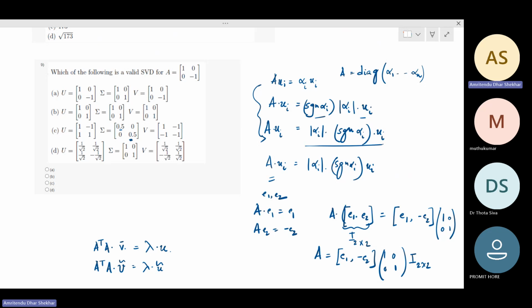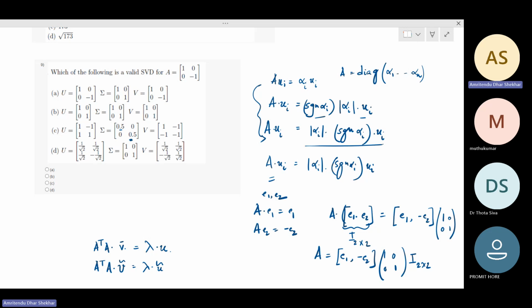the SVD is unique up to a rearrangement or a permutation of the columns and rows of U and V corresponding to a repeated eigenvalue.